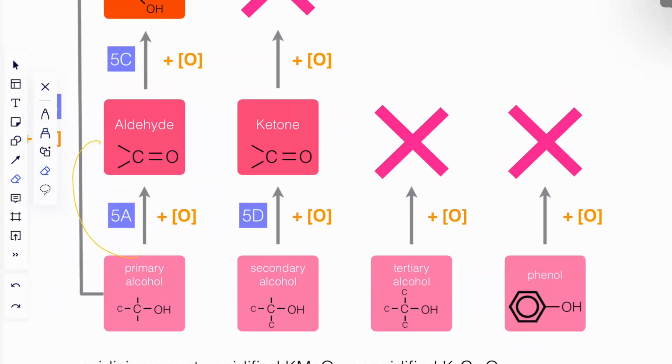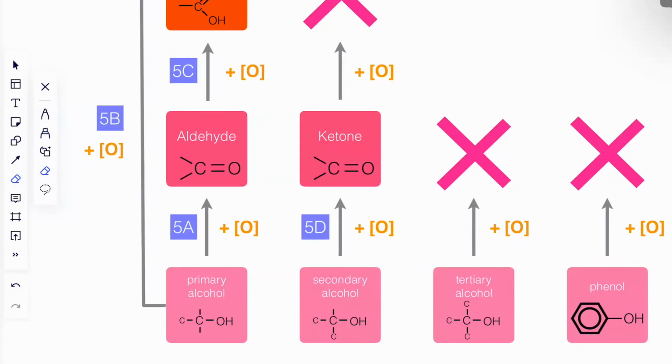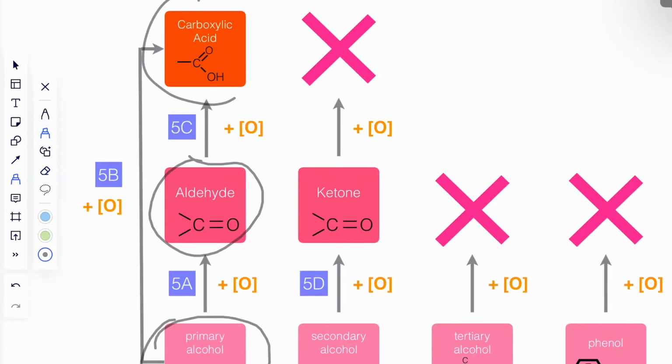Now, one very important question here. Primary alcohol, you oxidize, there's two possibilities. One goes to aldehyde, one goes to carboxylic acid. What is actually happening? Does the two reaction happen together? That means if I oxidize alcohol, you get a mixture of aldehyde and carboxylic acid. Is that what happens?